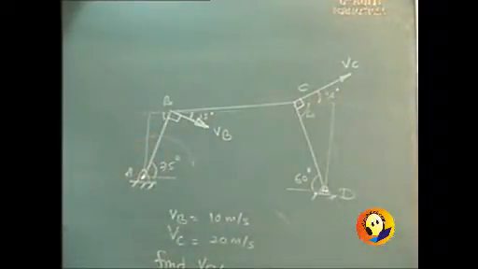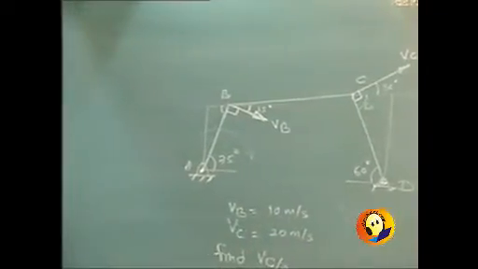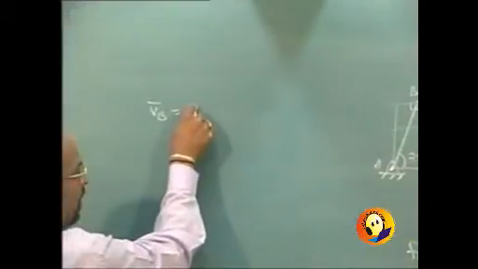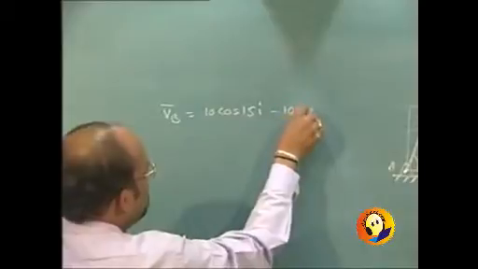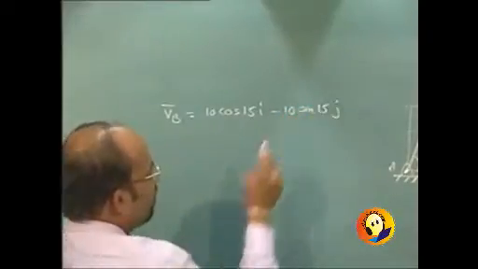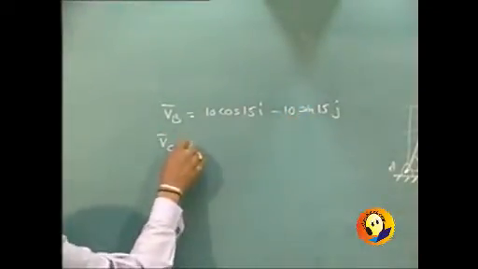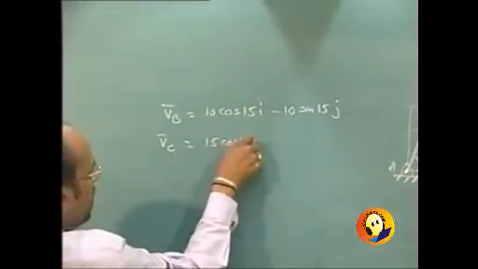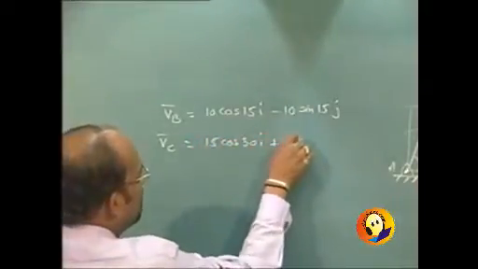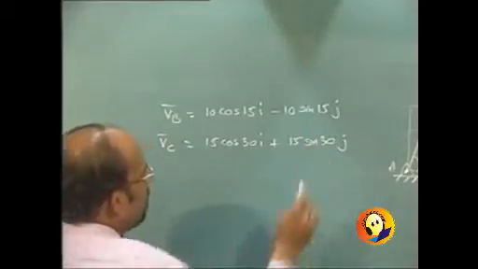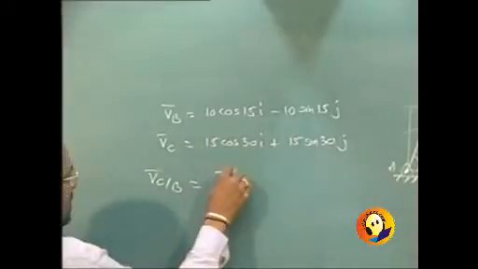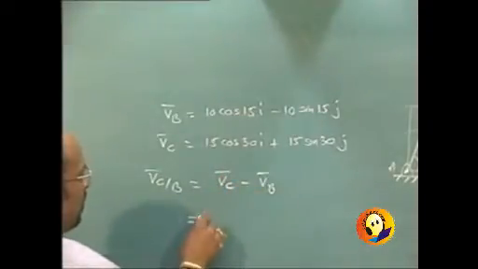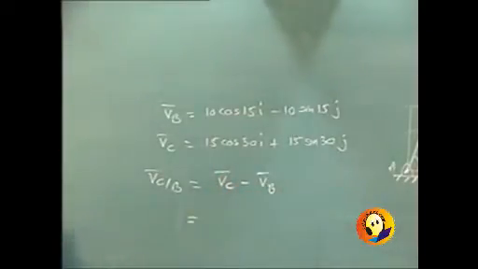So ultimately VB bar can be written as 10 cos 15 i minus 10 sin 15 j, whereas VC bar can be written as 15 cos 30 i plus 15 sin 30 j, and then velocity of C with respect to B is nothing but VC bar minus VB bar. We can perform the subtraction and get the required answer.